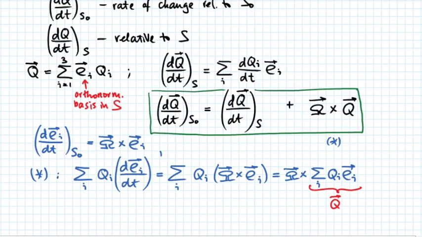In other words, the rate of change of arbitrary vector q relative to non-rotating frame is equal to the rate of change of this vector relative to the rotating frame plus angular velocity cross the vector itself.